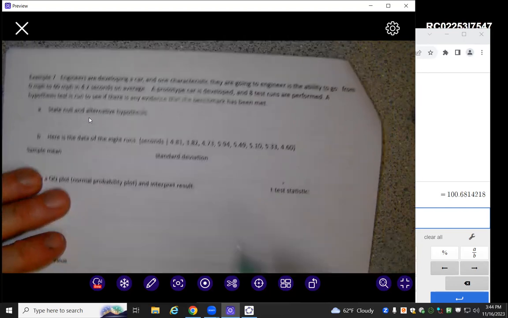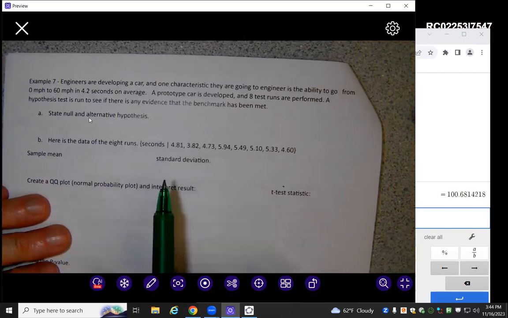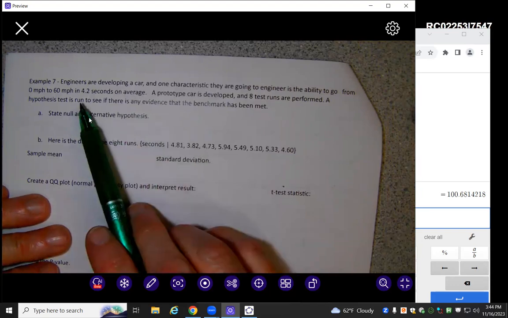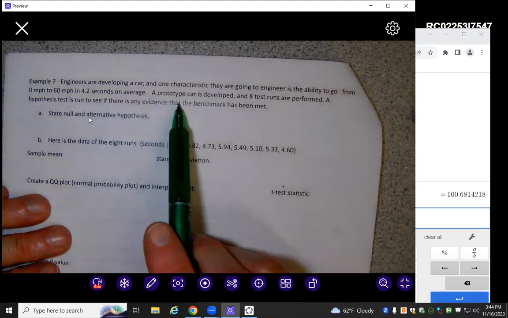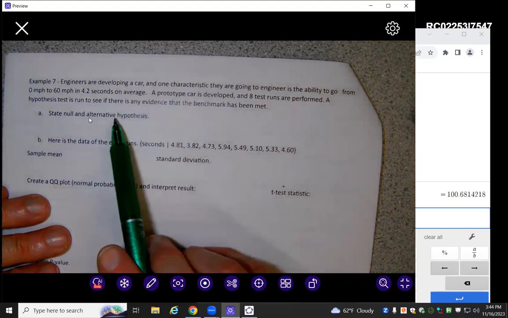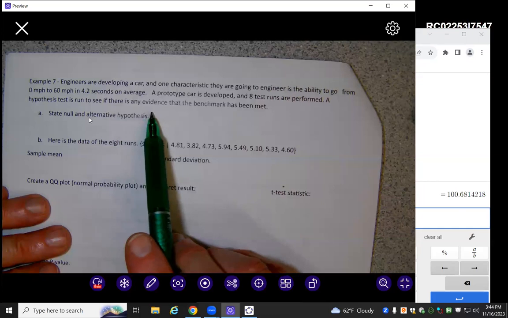So engineers are developing a car, and one characteristic they're going to engineer is the ability to go from 0 to 60 miles per hour in 4.2 seconds on average. A prototype car is developed and 8 test runs are performed. A hypothesis test is run to see if there's any evidence that the benchmarks have been met.